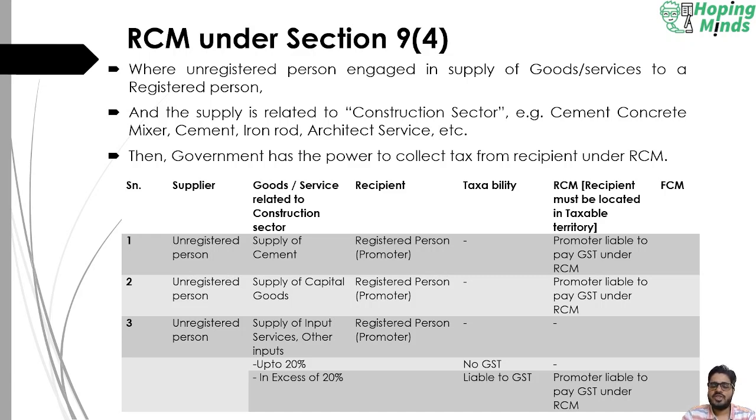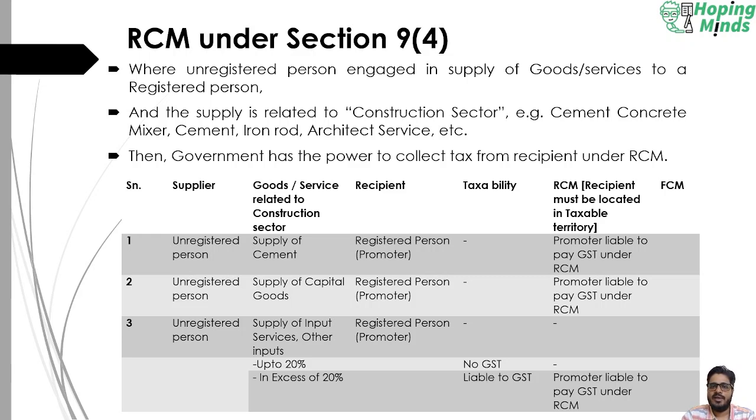Further, an unregistered person supplying input services or inputs in relation to a construction project up to the limit of 20% of the total value of supply shall not be liable to GST under RCM and no GST will be applicable. Whereas, if the limit exceeds 20% of the value of total supplies, then the promoter will have to pay GST under the reverse charge mechanism.